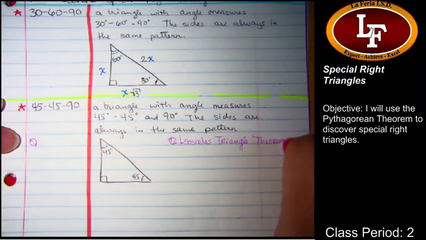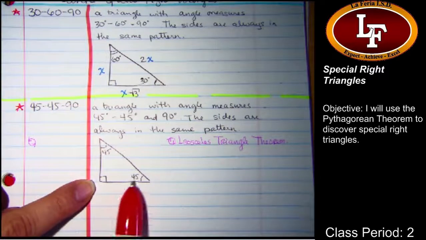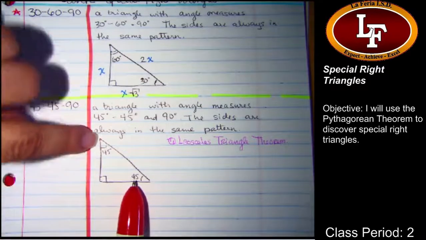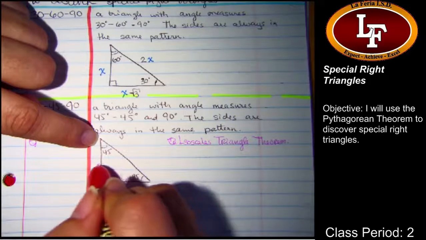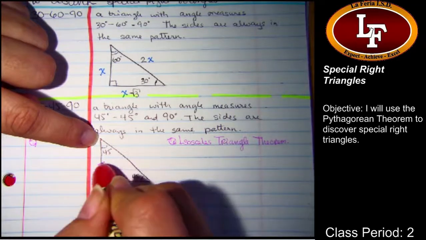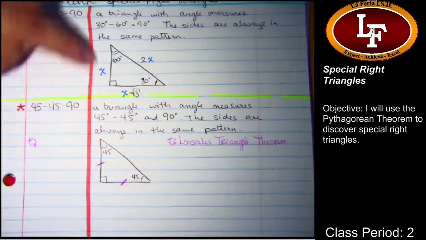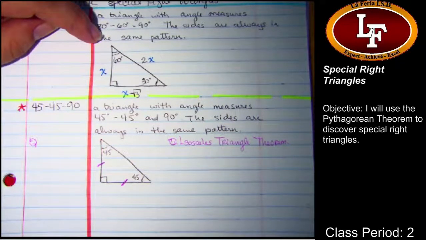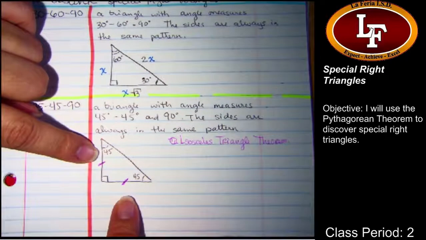Which basically said that if I had a triangle and I had two angles that were congruent to each other, the sides opposite those angles were also congruent to each other, and that made this an isosceles triangle. So we're going to use that same idea here to say that these two sides are congruent.